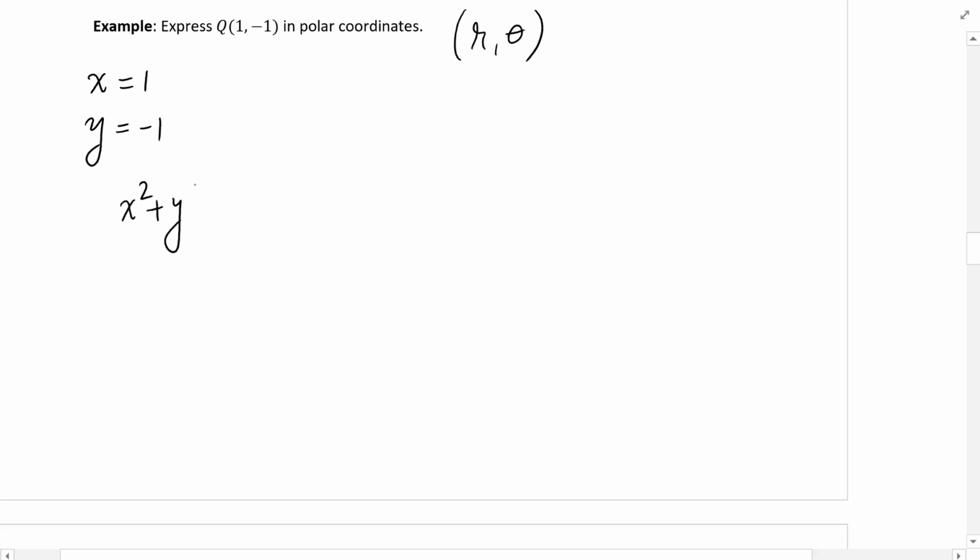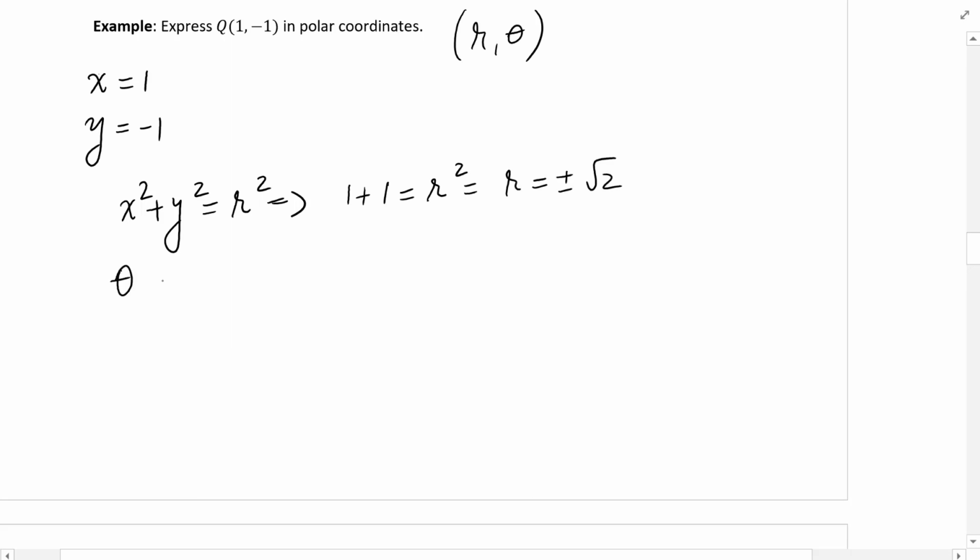Now let's try to solve going backwards. We do have Cartesian coordinates. We know that x equals 1 and y equals negative 1, and we want to find r and theta. We know that x squared plus y squared equals r squared. So we get that 1 plus 1 equals r squared, so r equals plus or minus square root of 2.